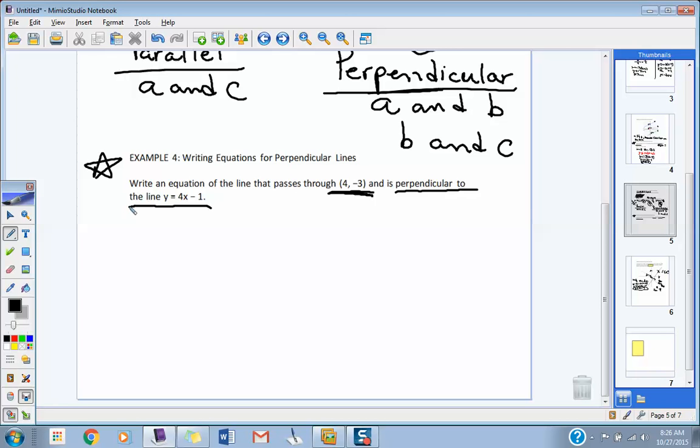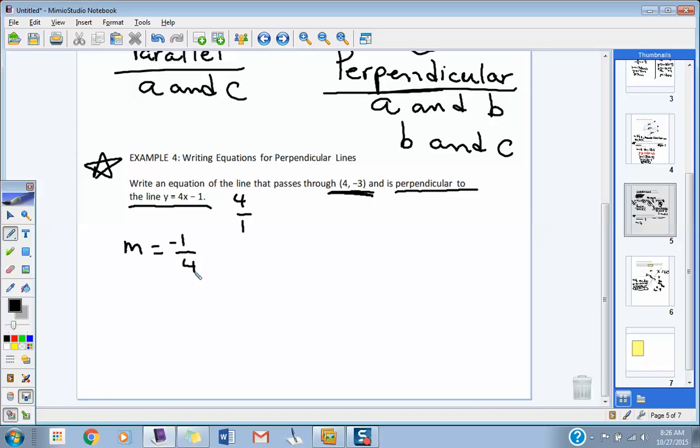You bet. Isn't the slope of 4 over 1? So the opposite reciprocal that we need for a perpendicular slope would be -1/4. Okay. We're choosing the opposite reciprocal for slope because we have lines that are, that's the word here, perpendicular.